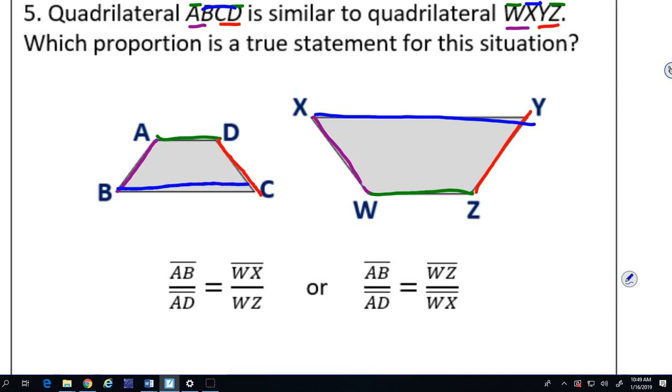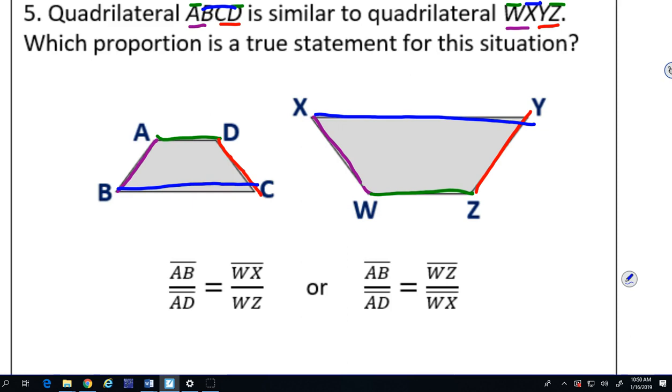That one actually makes sense, thank goodness. So now we can look at our choices. This says AB is to WX as AD is to WZ, or AB is to WZ as AD is to WX. So which one do you guys think is correct? The first one or the second?